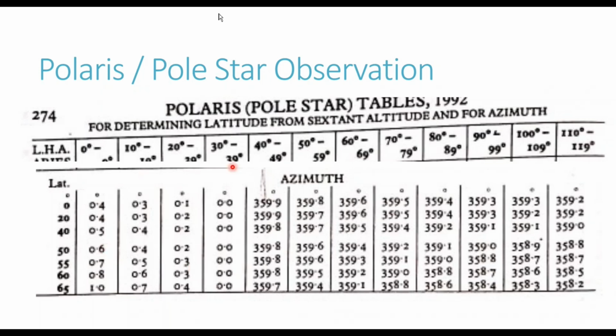In other ranges, other than these two ranges, everywhere else you will see the azimuth will have some value. Either it will be more than 000, 0.1, 0.4, 1.0, or it will be less than 360, 359.9. It's going up to 358.2.